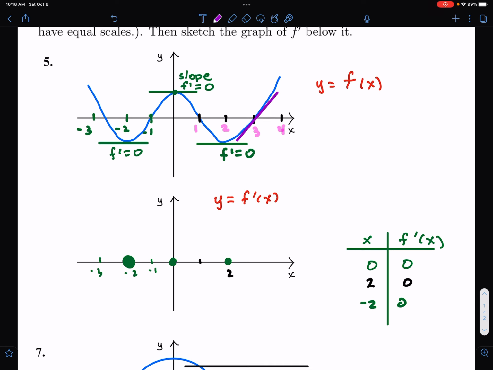If I have a tangent line that increases at a 45-degree angle, the slope is 1, and that's f prime. If it's at a 45-degree angle, and I were to draw a little triangle, rise over run would be 1 divided by 1, or 2 divided by 2. Either way, the rise to the run is the same.